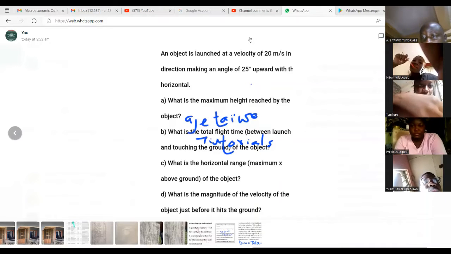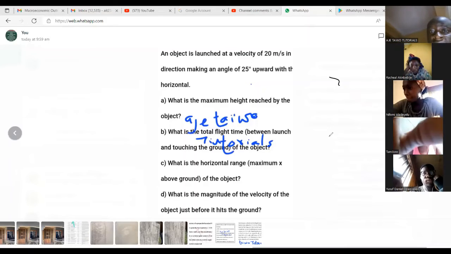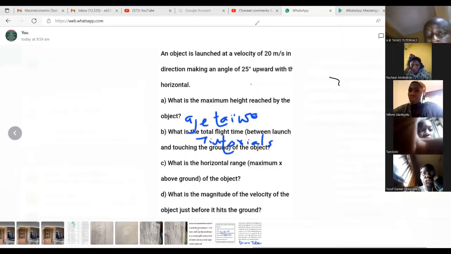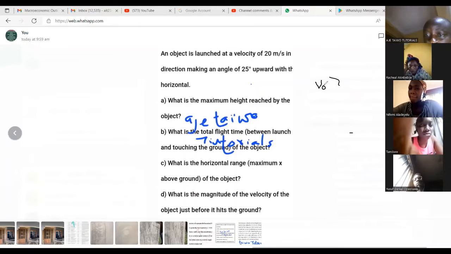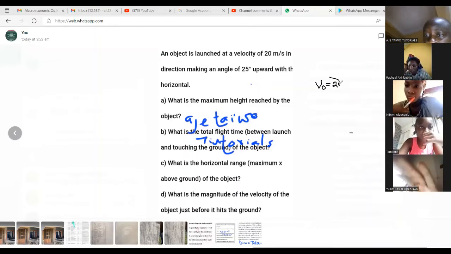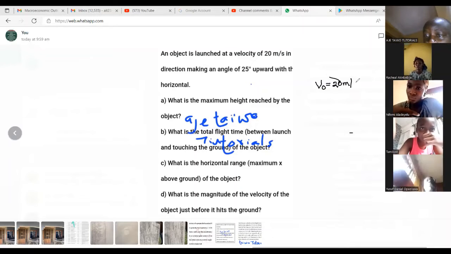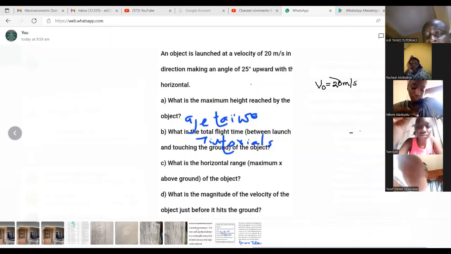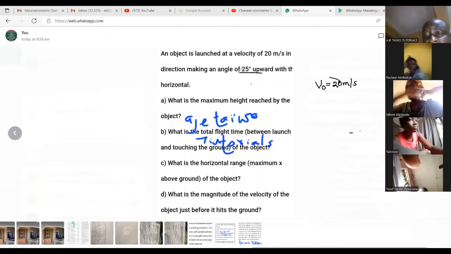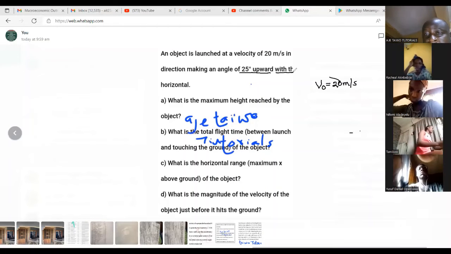An object is launched at a velocity of 20 meters per second. That's your V naught, your initial velocity, in a direction making an angle of 25 degrees upward with the horizontal.